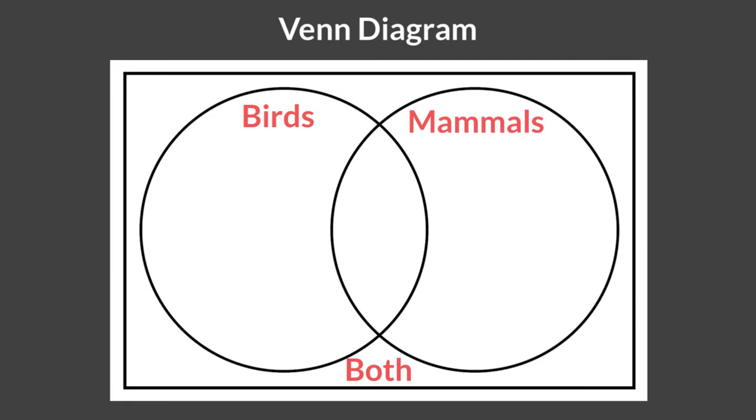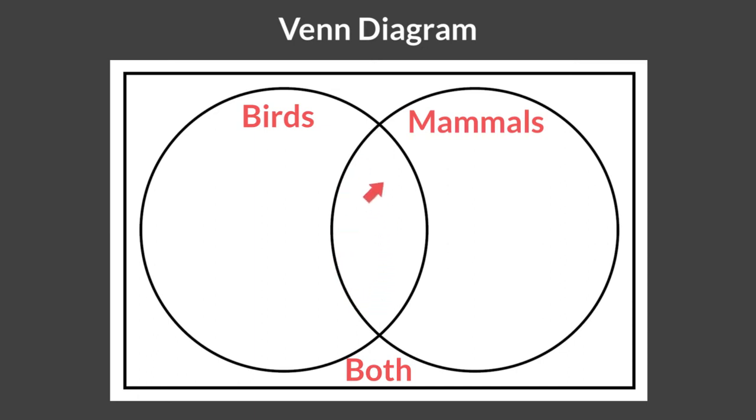When we compare and contrast 2 things, it can be helpful to use a special graphic organizer. This graphic organizer is called a Venn diagram. Try those words, Venn diagram. You'll notice that a Venn diagram has 2 circles, and they overlap in the middle.